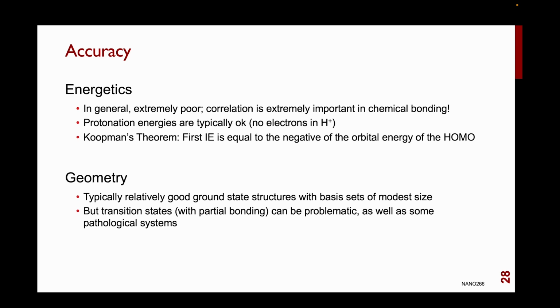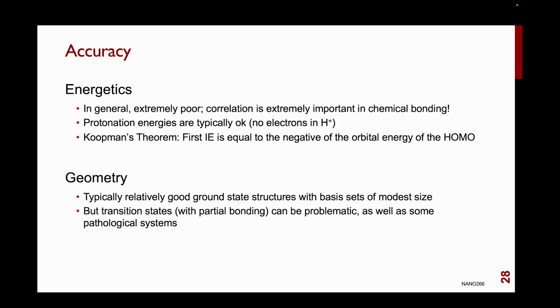The one exception is protonation energies. Protonation energies are usually okay. The protonation energy is simply the energy of putting an H plus into your system, and that is okay because you don't have any electrons in H plus anyway.